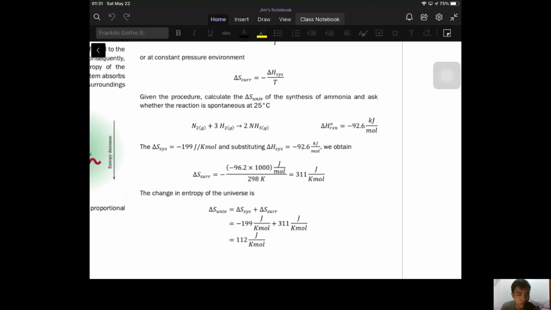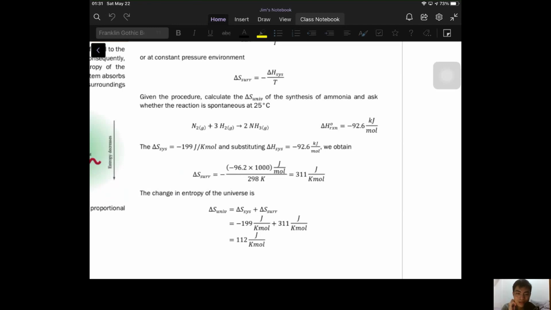Ipag-add mo yun, then kung positive yun, spontaneous yung reaction, meaning that will proceed forward. Yun yung problem sa entropy. Although it allowed us to get a better understanding of the universe, medyo mahirap pa rin siya gawin in reality, kasi dalawang beses ka magsosolve, so medyo effort yon.